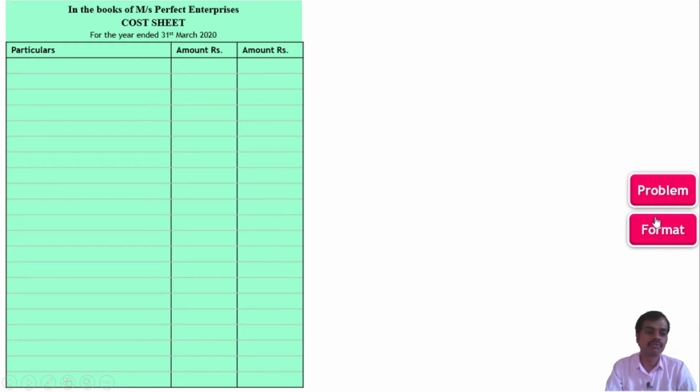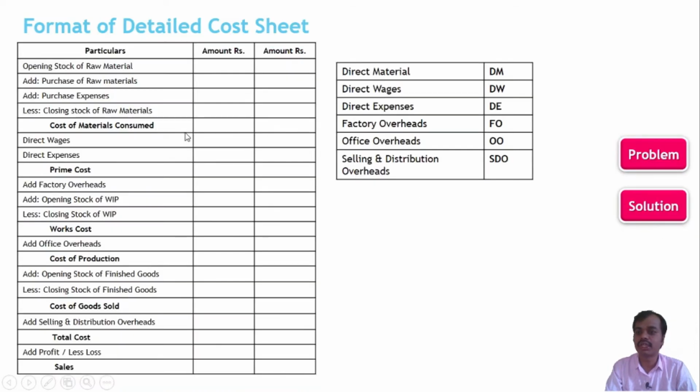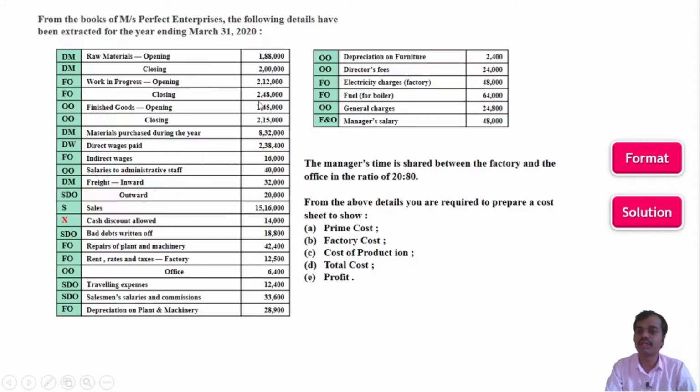Now as per the format, first we have to calculate cost of material consumed. In that, first we have to write opening stock of raw material, which is the first item given in the problem, 1,88,000.